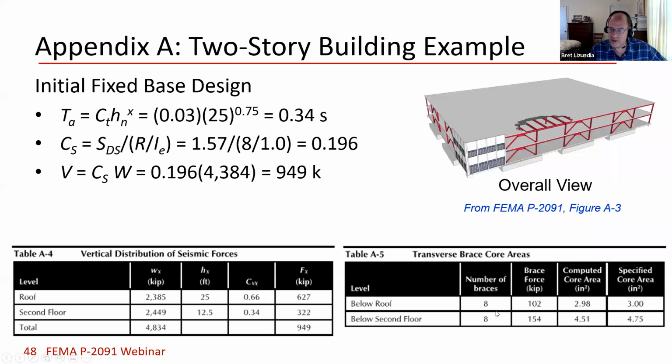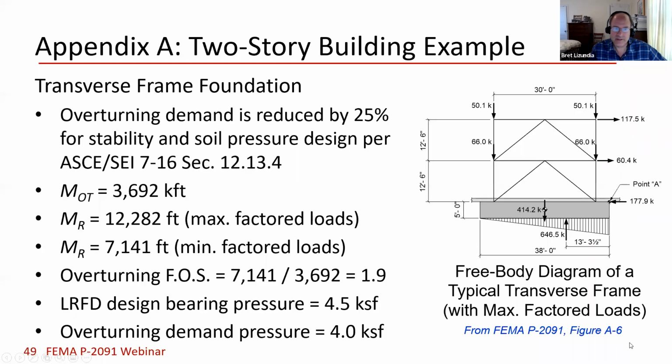We've got 2 brace frames, each with 2 braces on the left and the right, so 8 total. You compute the vector due to the slope of the brace, figure out the axial force in the brace, compute the core area, round it to a nice number, and voila, that's the sizing Steve did for these braces.